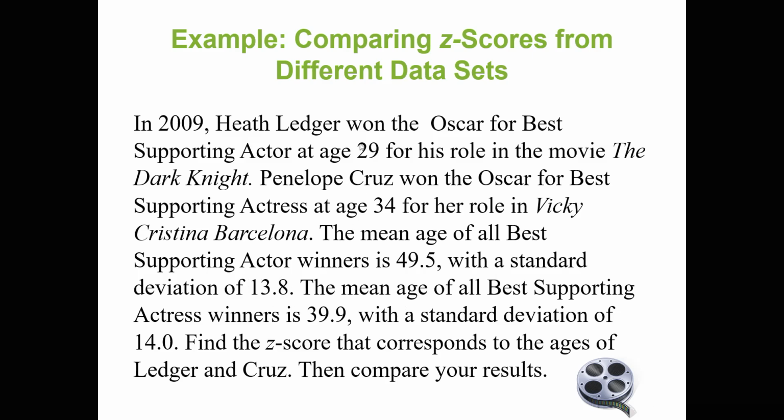So if you know this value, you know the mu, and you know the standard deviation, it means you can compute the standard score for this person, and also the standard score for this person. You can do that because you have the mu and you have the standard deviation. So here we are saying the mean age of all best supporting actresses is this. This is for the actors, these are for the actresses with the standard deviation of that. So let's compute and compare the results.